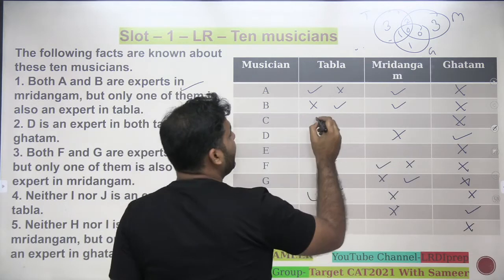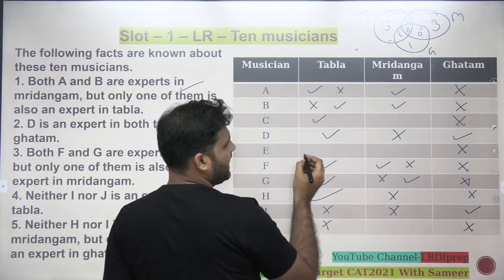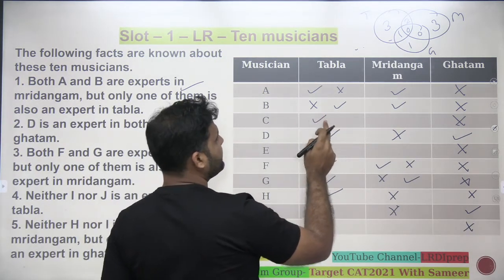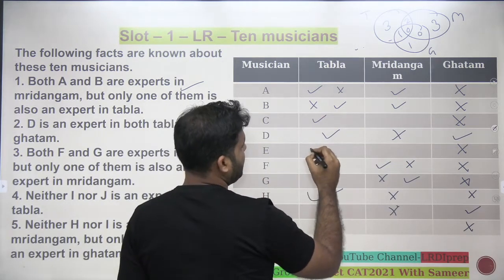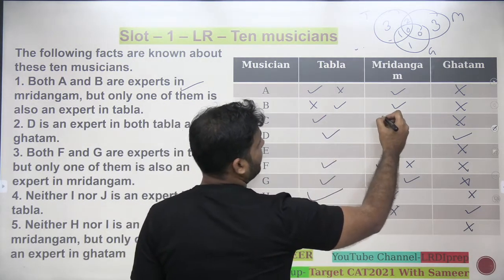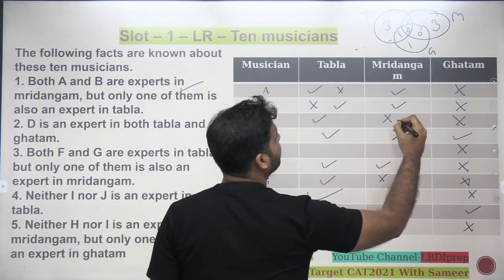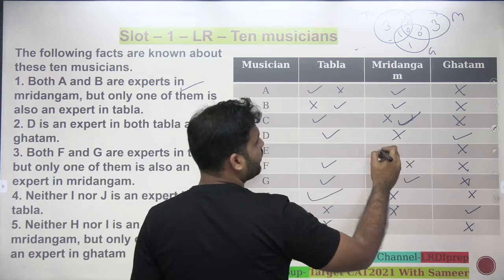That means if C is playing tabla, then E is now, there are two cases, right? If C is playing tabla, he might or might not play the mridangam. They are both cases, right? And the same is the case for E also.